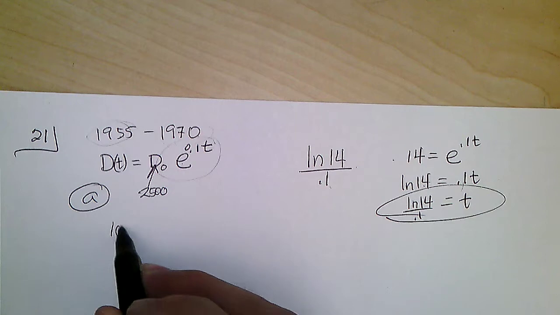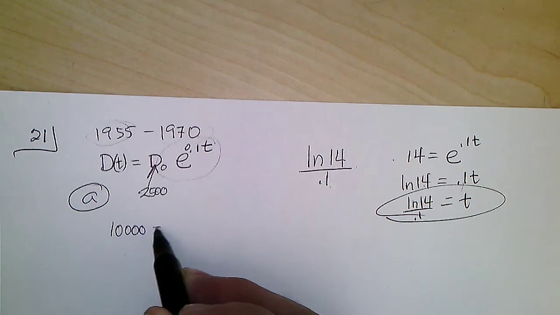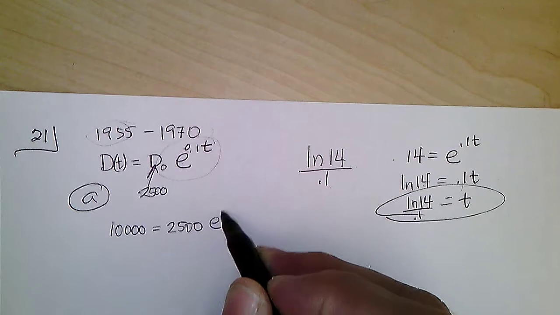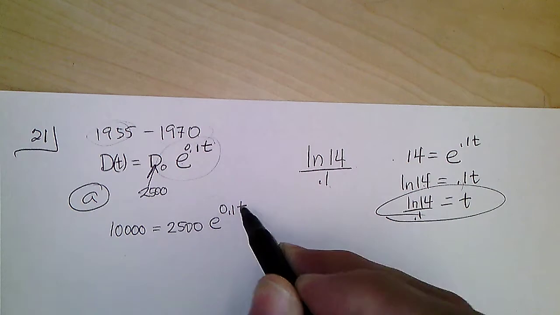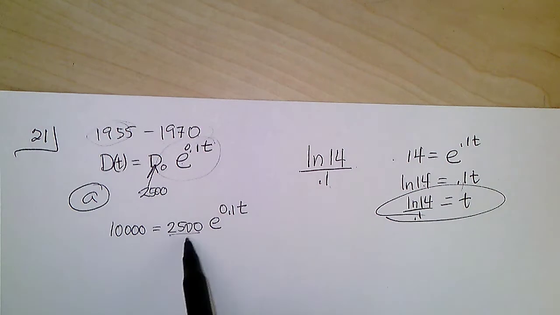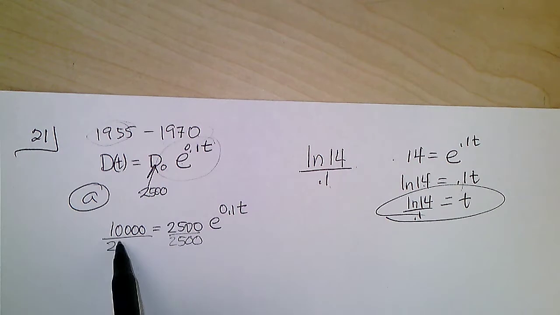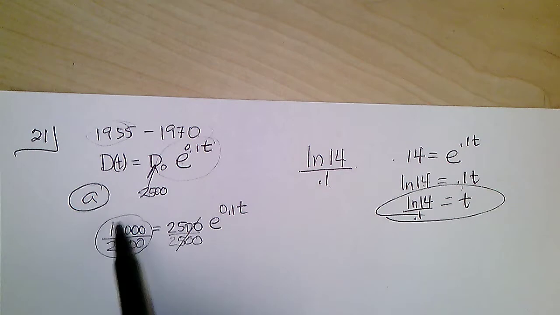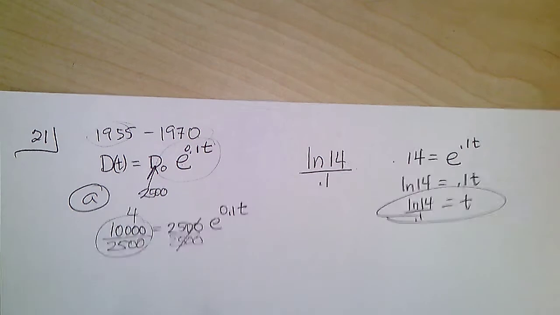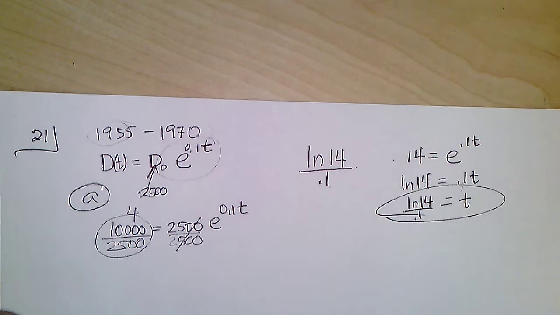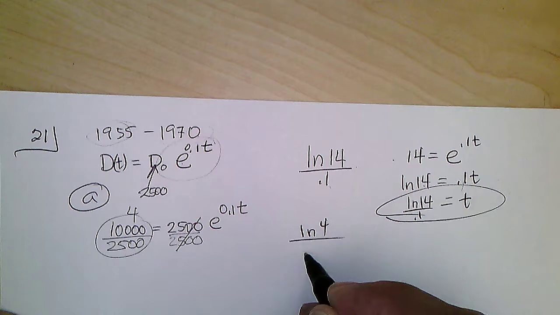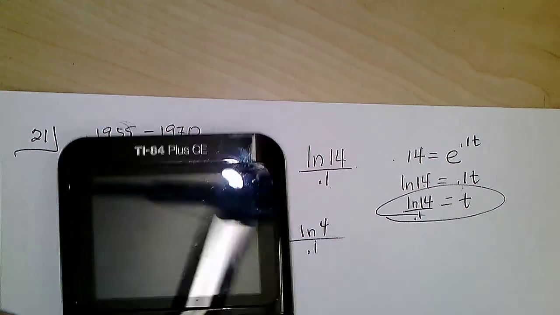So we just have 10,000 equals 2,500 e to the 0.1 t. So if we divide this by 2,500, not 25,000, 2,500, this is 4. So we're just trying to figure out the time that we get 4 times as many degrees. And so that's just going to be ln 4 over 0.1.